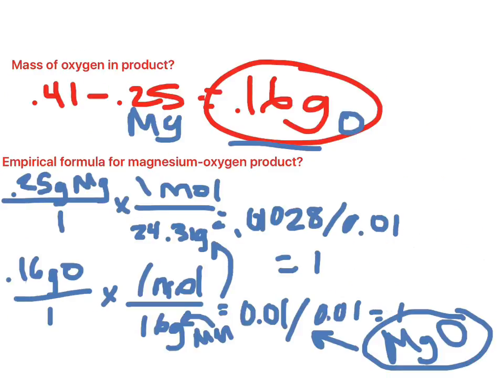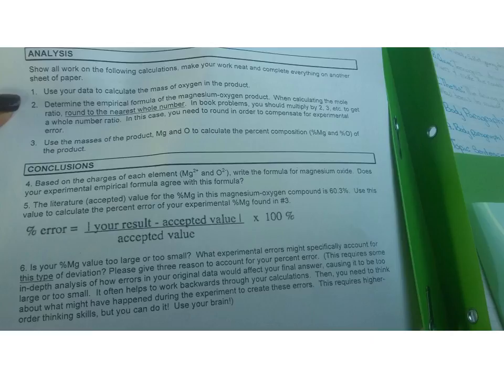He gave you your accepted value, which is 60.3, and then you're going to use the value from your number 3 equation, and put it here, and the value that he gives you on top and bottom, and make sure that absolute value, and here I'll show you.